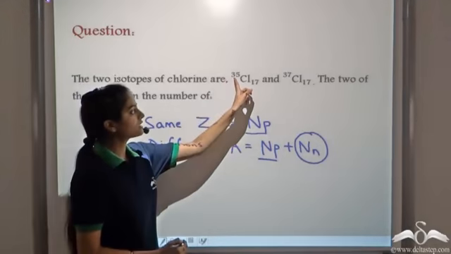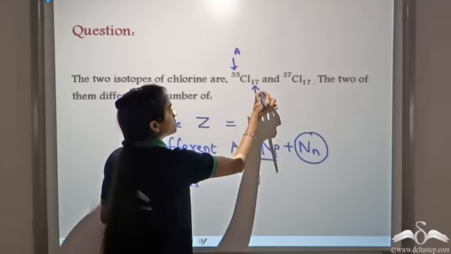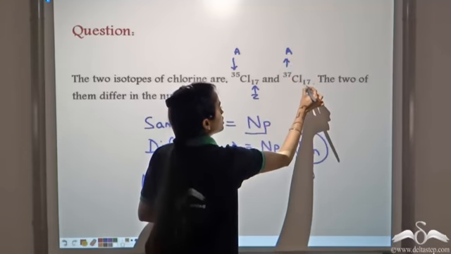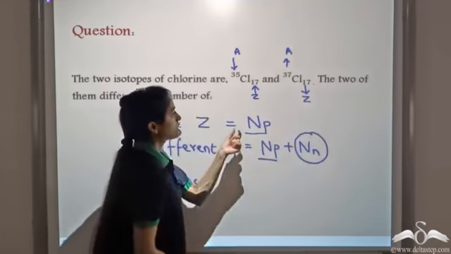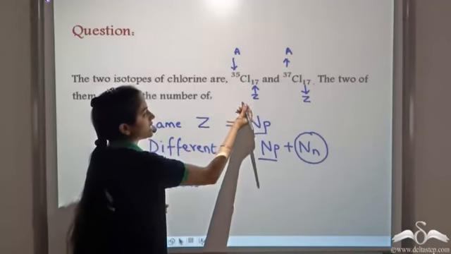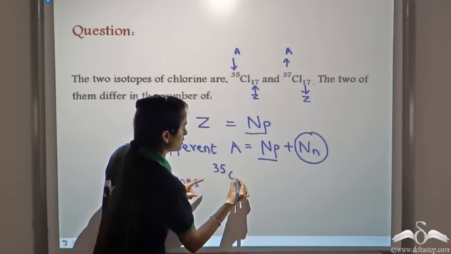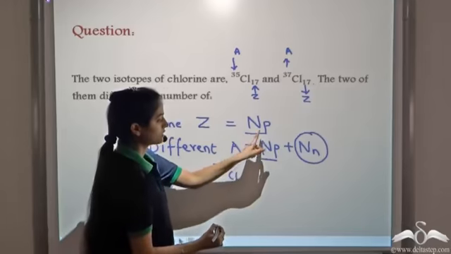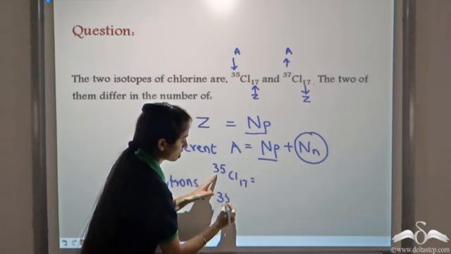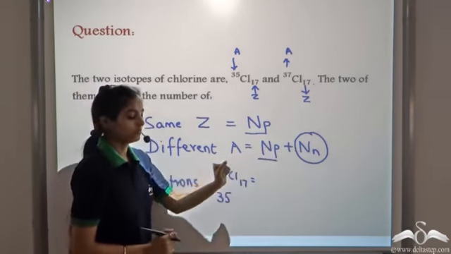Now, we know that this denotes the mass number and this denotes the atomic number. Similarly, this denotes the mass number and this denotes the atomic number. So for the first isotope, 35Cl17, let's calculate the number of neutrons. The mass number here is 35. It is equal to the protons plus neutrons.